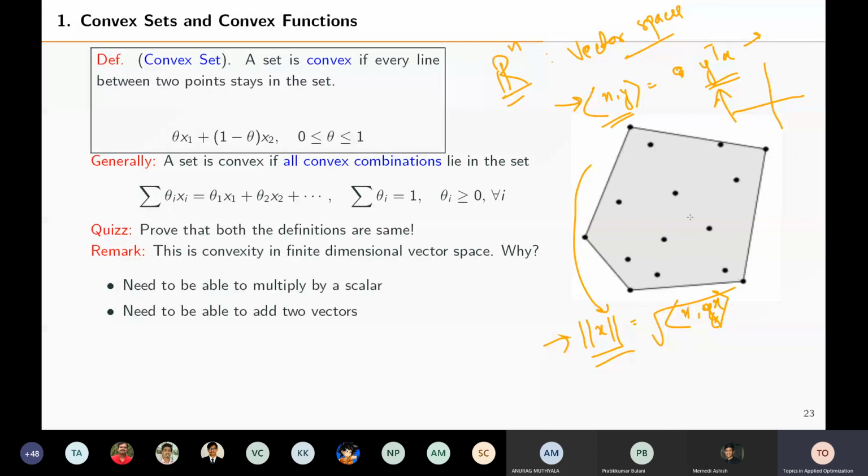So it gives us some geometrical structure. Convexity can also be defined in very general spaces, like metric spaces, but we can skip those things. That's not very important in our course.